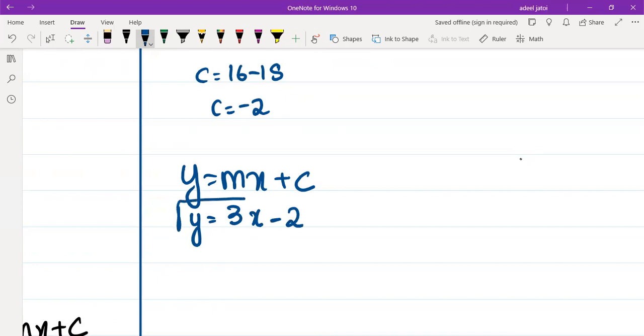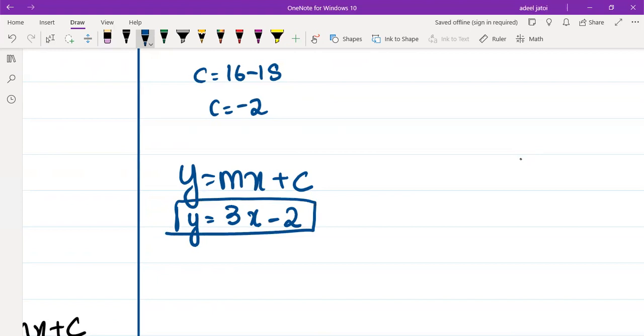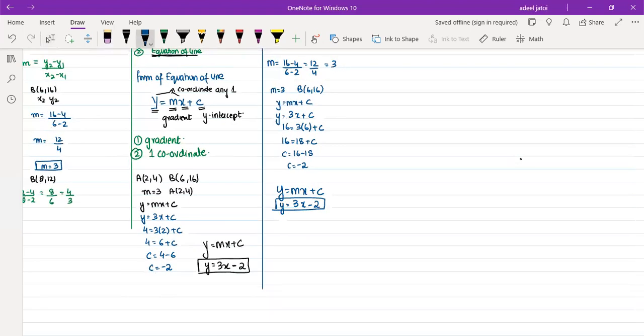So this becomes the equation of line. If you notice, using any coordinate, initially I chose coordinate A and my equation of line was y is equal to 3x minus 2. Now I chose B, and the equation of line is y is equal to 3x minus 2 again.